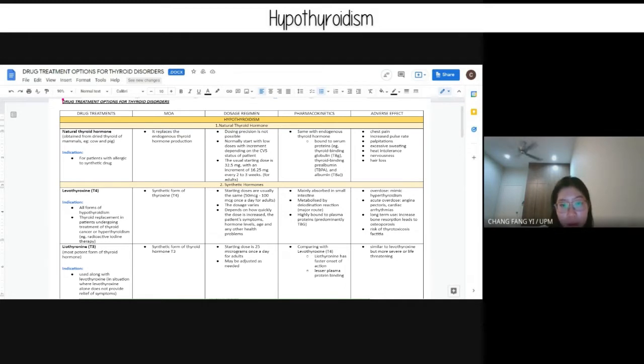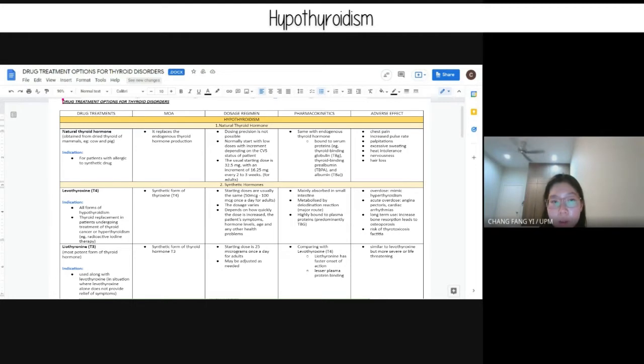It depends on how quickly the dosage is increased, the patient's symptoms, hormone levels, age, and any other health problems. Levothyroxine is mainly absorbed in the small intestines, and the majority of it is metabolized by the deiodination reaction, which is a reaction where the iodine is removed from the levothyroxine. It is also highly bound to plasma proteins, predominantly the thyroid binding globulin.